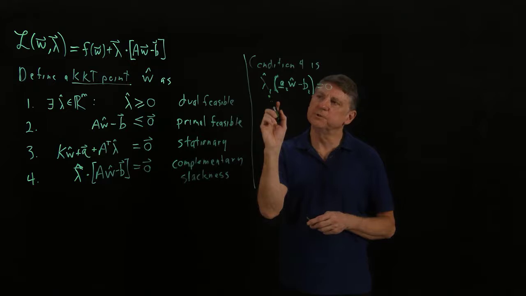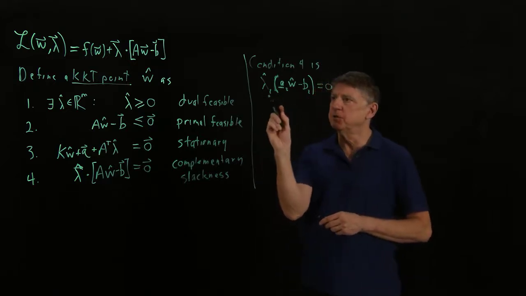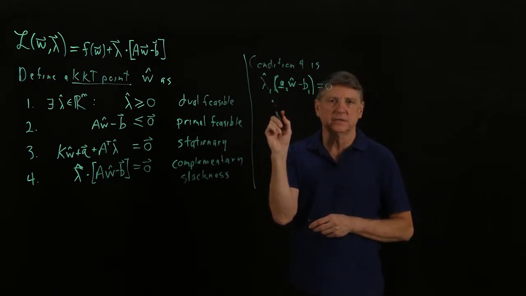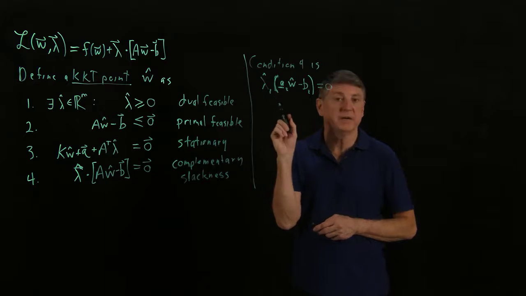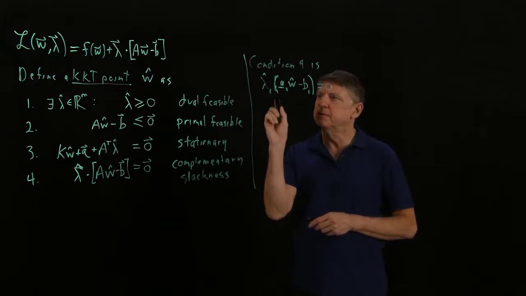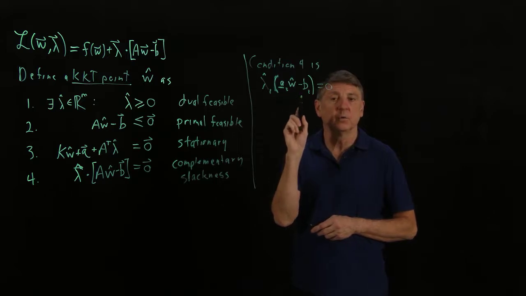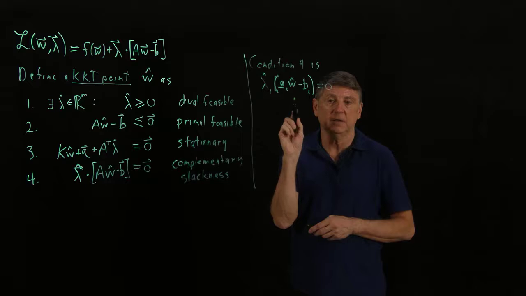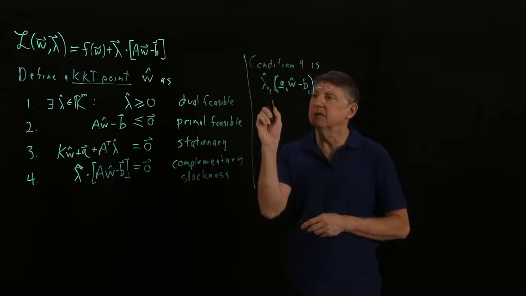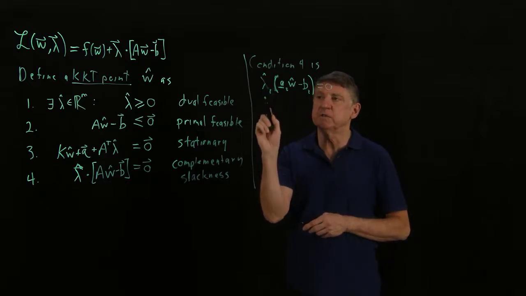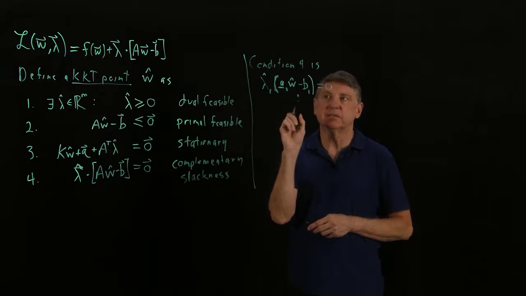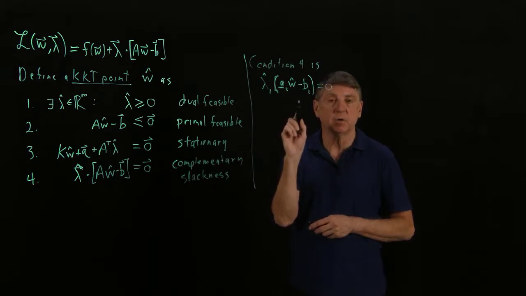What we'll observe is that there's actually a binary choice. If the Lagrange multiplier is 0, it doesn't matter whether this condition is satisfied or not. And if the Lagrange multiplier is non-zero, this condition must be satisfied as an equality.